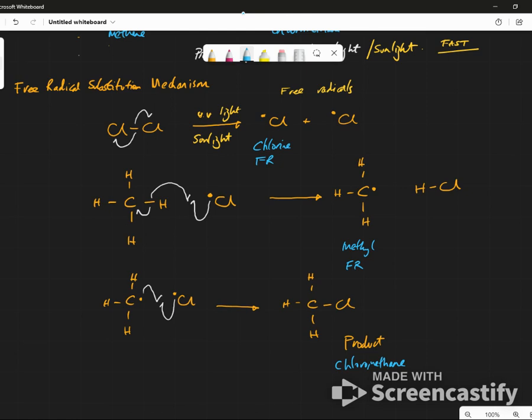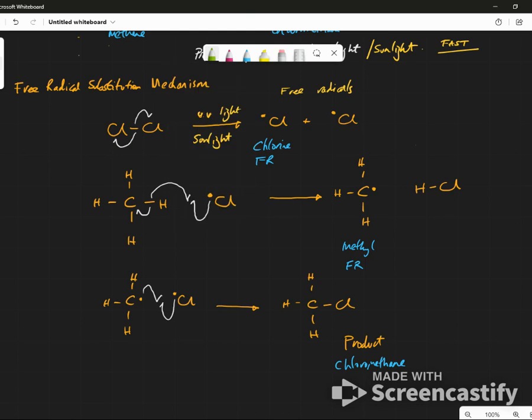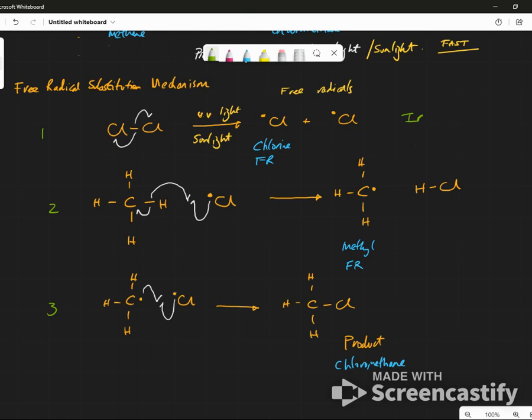Now, so how many steps are there? There's 3. But we can classify these steps. I'm going to use a nice green. The first stage that starts the reaction off, I'm going to call this 1, 2, and 3. The one that starts the reaction off, the one that creates the free radicals in the first place, is known as initiation. That's the initiation stage.